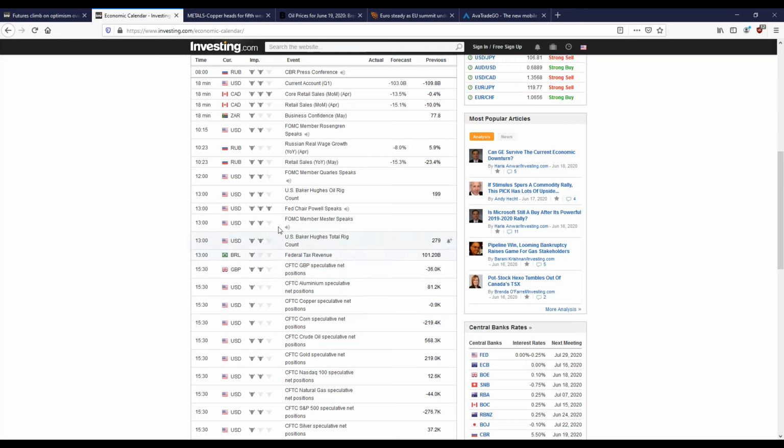Especially when the FOMC committee and Fed Powell speaks, okay? Powell's the head of the FOMC committee, helps make the major monetary decisions in the US about interest rates, stimulus, all kinds of stuff. So this is something that really, I would say, will move the market. Which direction it'll move depends on what he has to say, right?